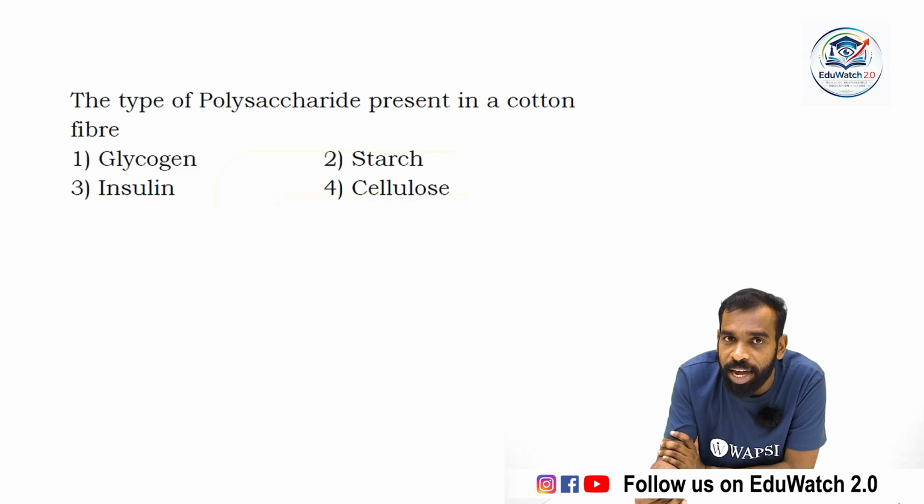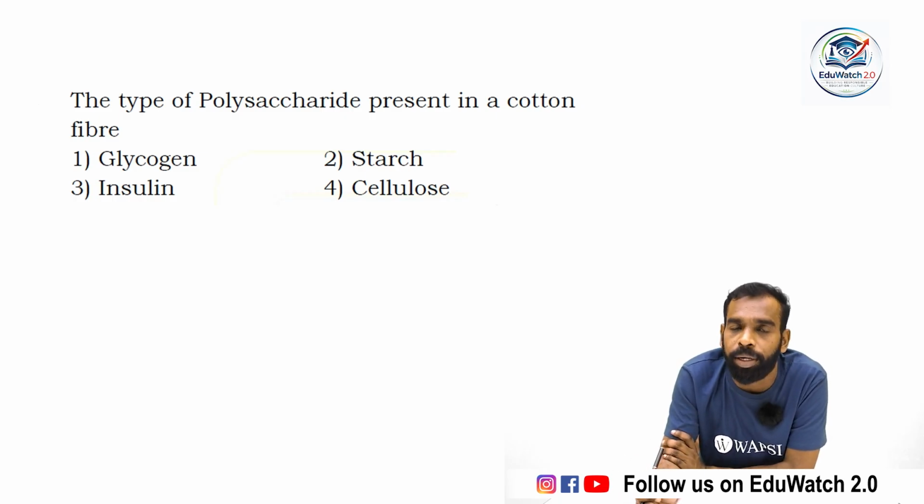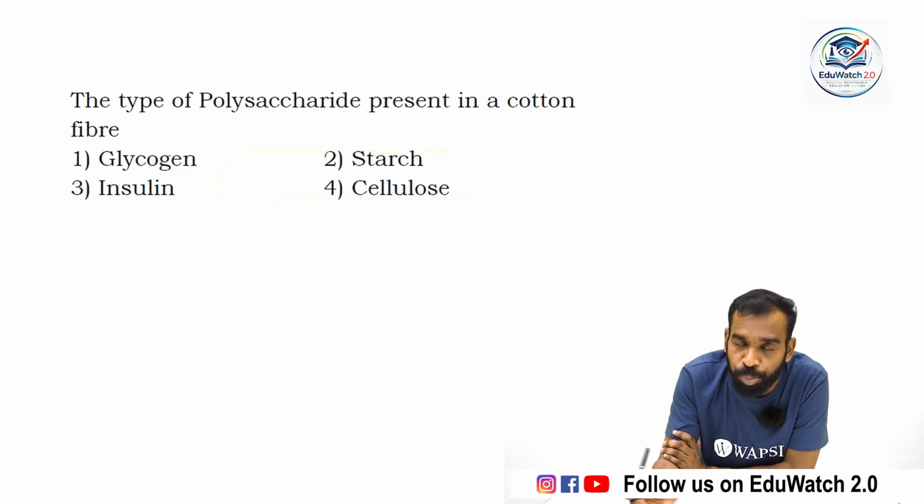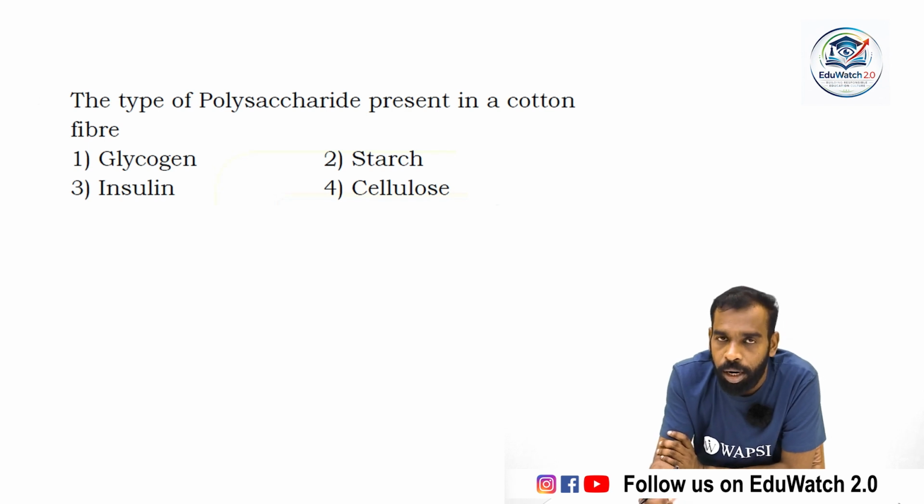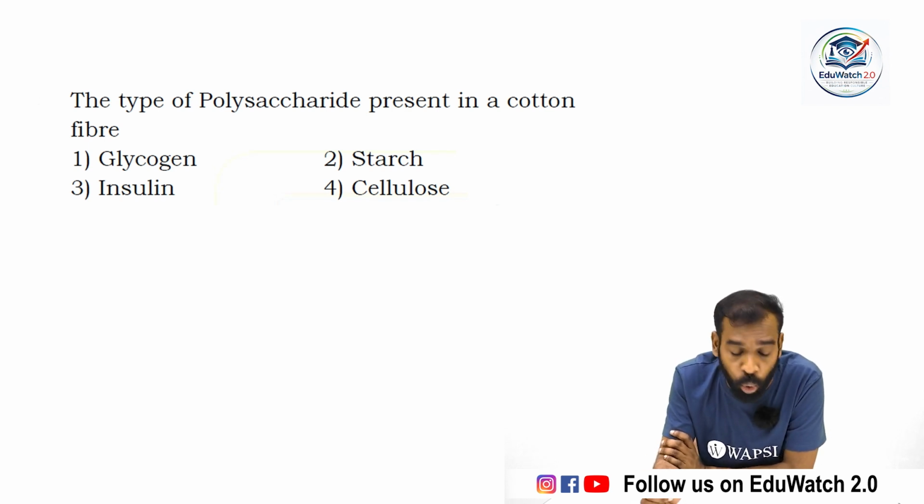Cellulose is a polysaccharide which is present in cotton fiber. Glycogen is associated with animals. Starch is synthesized via the process of photosynthesis. Insulin is a hormone which is produced within the body, in connection with regulation of blood glucose level.